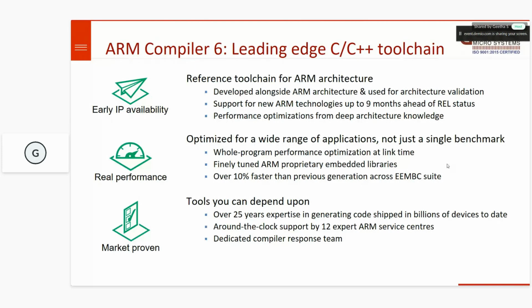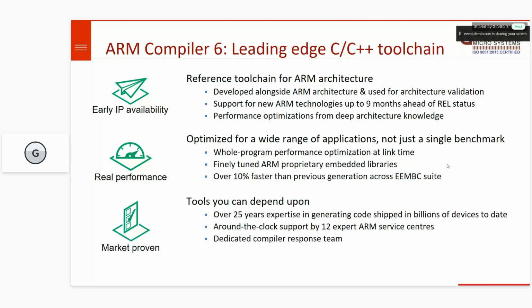Some architecture extensions or features that the ARM team wants to include will be added in the ARM compiler by the ARM compiler design team. And the performance and optimization of the code you develop for the specific ARM architecture is also improved. The ARM compiler generates the most optimized code.